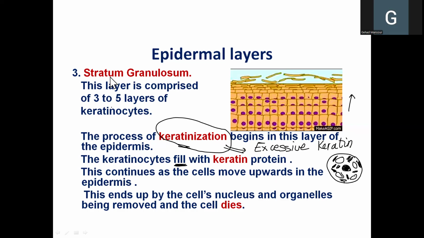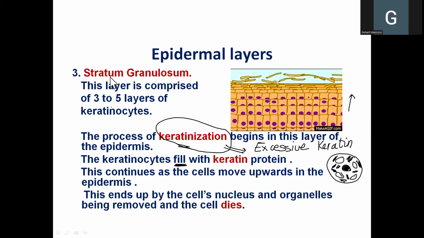They inhibit proper functioning of the nucleus and the organelles until the cell dies. So it's good to have keratin in the cell, but it's bad to accumulate excessive amounts of keratin until we have this process of keratinization.